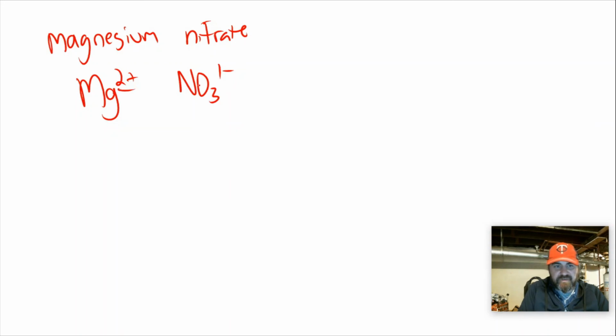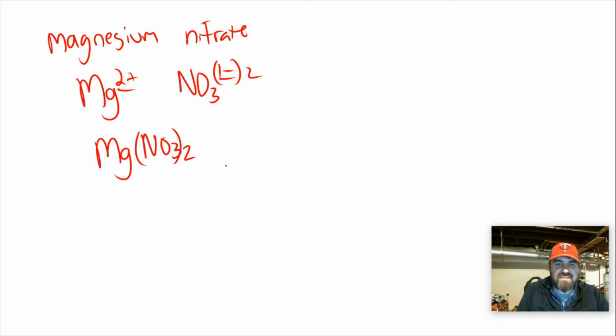Looking at this, we've got positive 2, negative 1, so we're going to have to multiply the nitrate by 2. This is where you're going to hate it. The magnesium is fine, Mg, but this one gets multiplied by 2. So we go NO3, 2. That doesn't look right because it looks like NO32. So what you have to do is put parentheses around it.